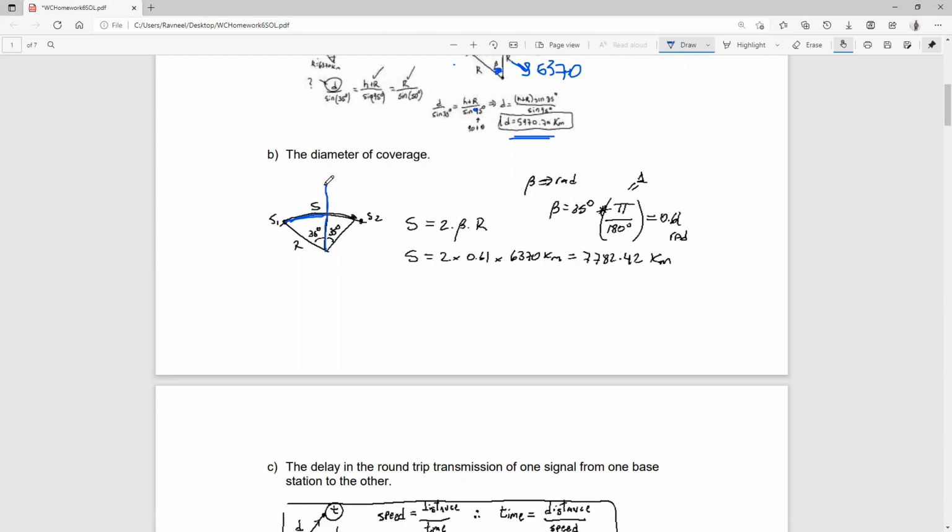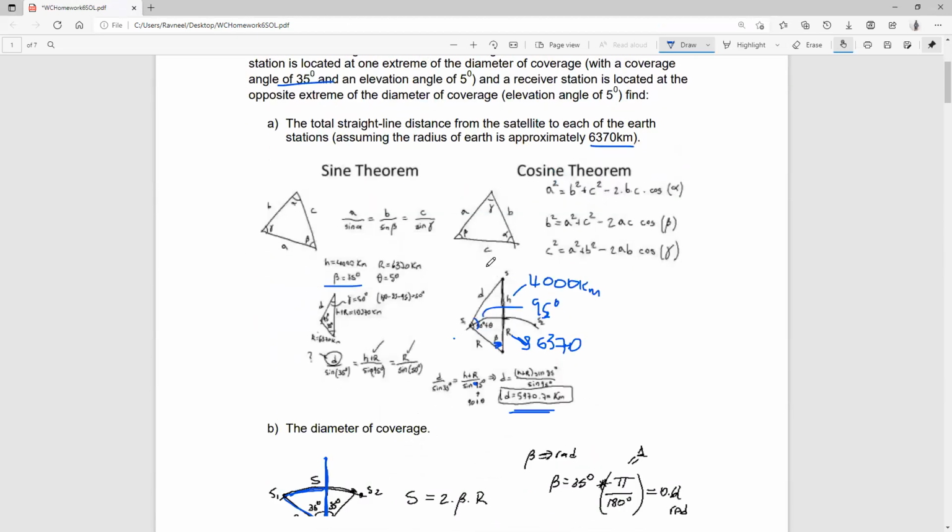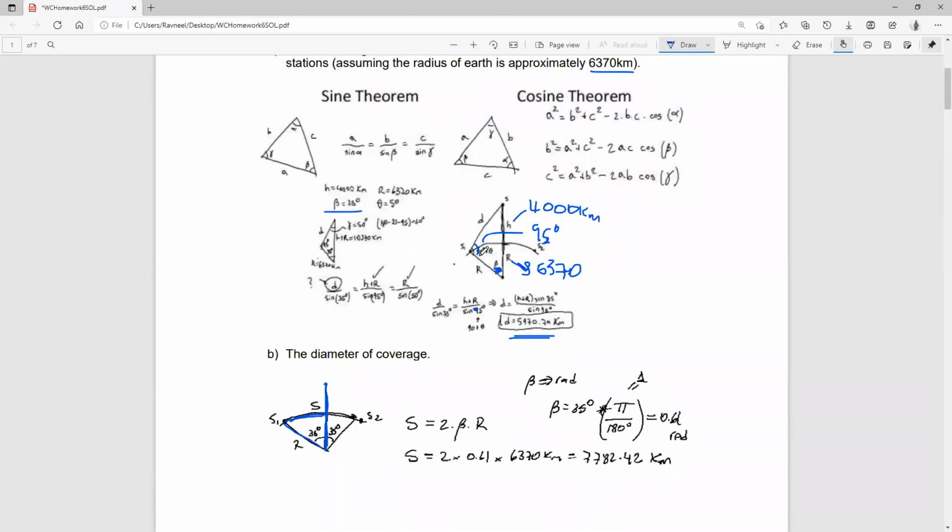In this same diagram, there's the satellite and the two Earth stations. We need to find the diameter of coverage, from this point to this point.